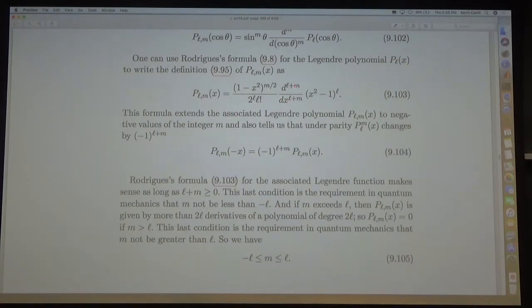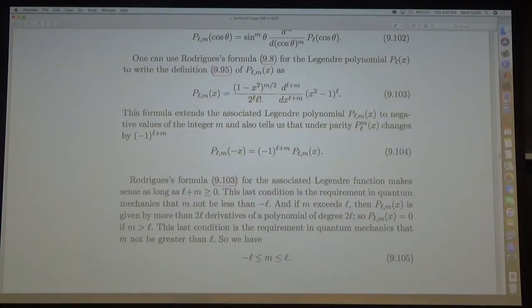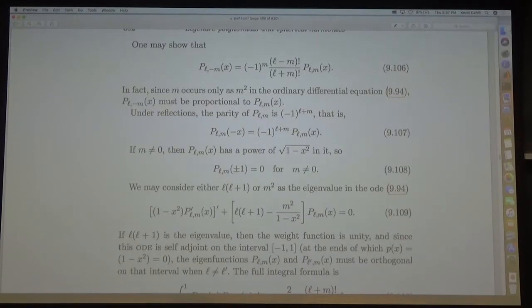So if you differentiate more than 2L times, you get 0. And so that means you can't have m greater than L. So the associated Legendre polynomials all have m going in integer steps from minus L to plus L. Those are things that you see in a quantum mechanics class. Here you see what the actual reasons are.